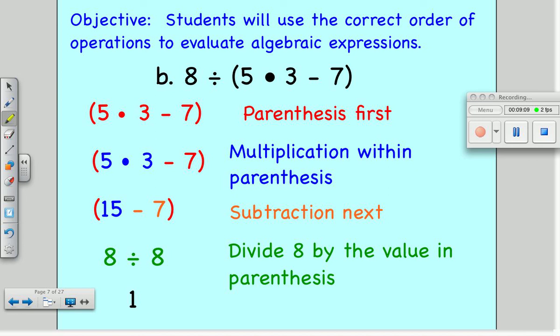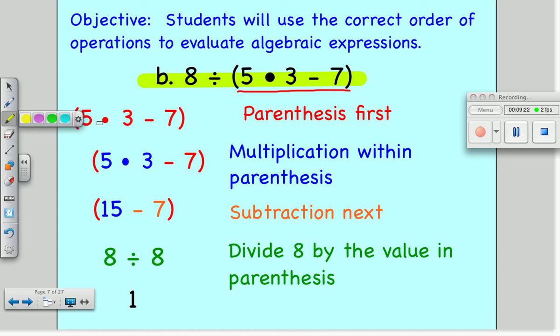So since parentheses are first, what's in the parentheses is here. So we're going to do 5 times 3 minus 7, parentheses first. Now, within the parentheses, I actually have 2 different operations.